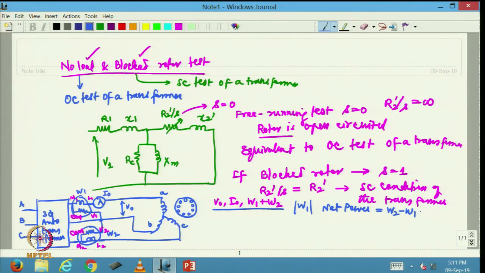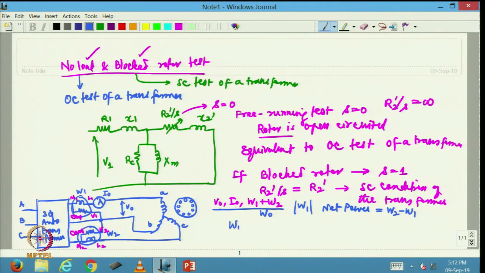So, this will be the net power. Let us say I have noted down, after all that juggling, V0, I0 and W0. Please note the no load current of the induction motor will still be as high as 30% of its rated current.